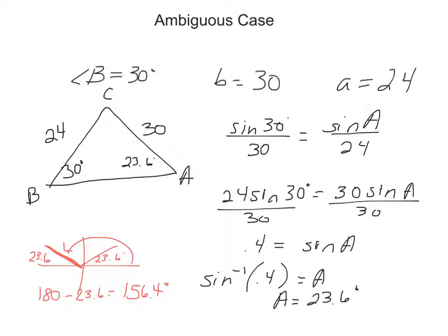Now, if I looked at that with my triangle, with my 30-degree angle, is that possible to have 156.4 and a 30 degree? While my triangle picture doesn't make sense, the angles also don't make sense because that adds up to more than 180. And we know a triangle has to be 180 degrees for all three angles. So that is not a possible angle, and so we have one triangle here.